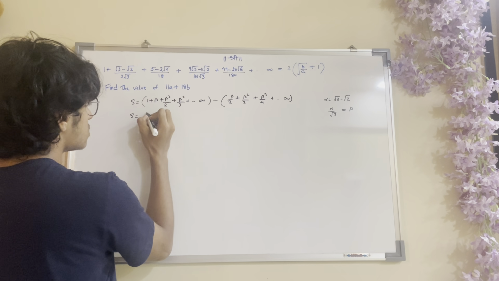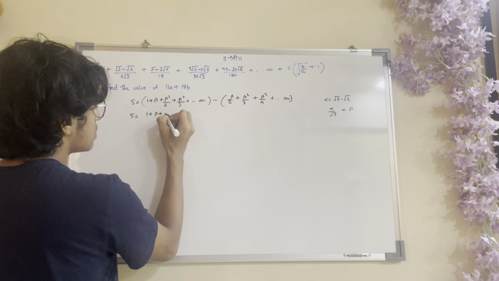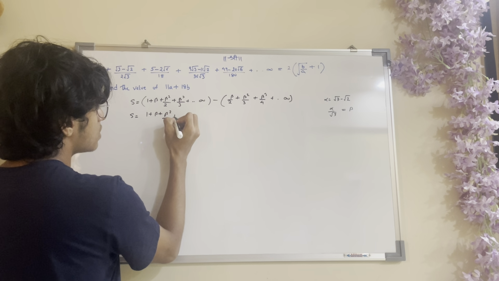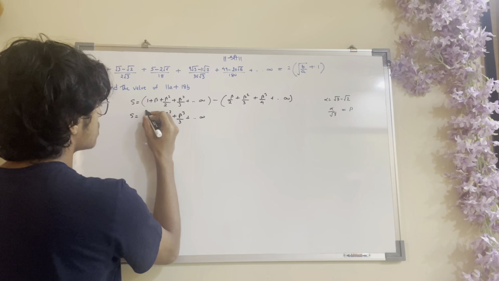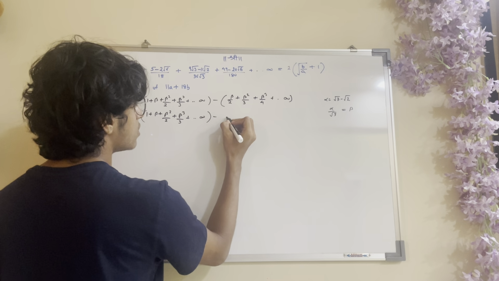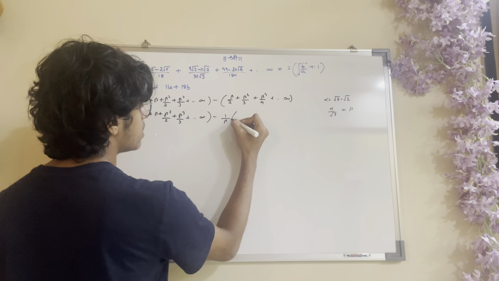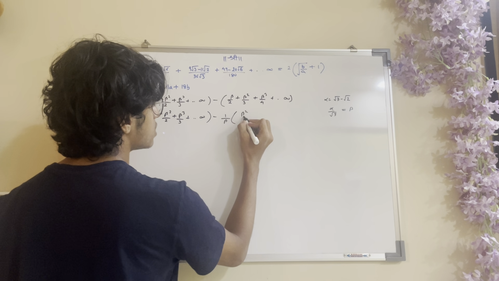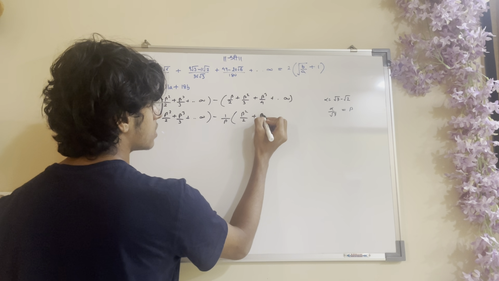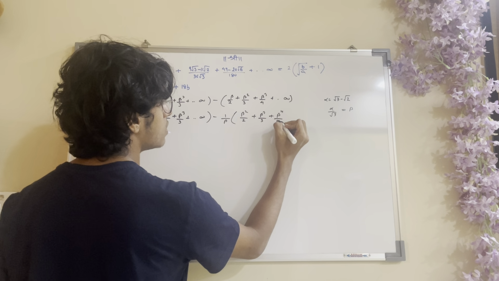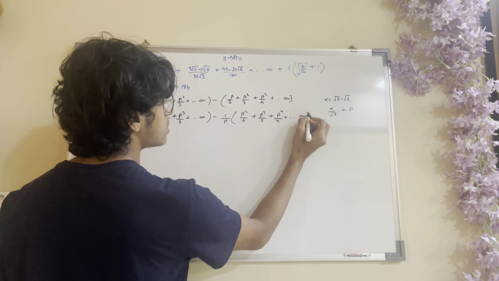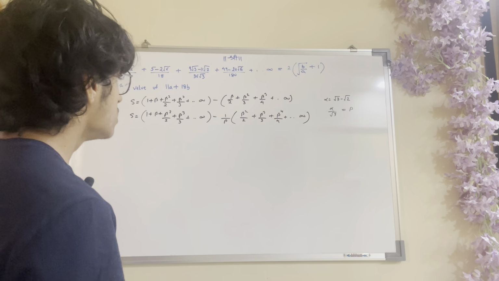So writing this term as it is, multiplying and dividing by beta, we have beta square by 2 plus beta cube by 3 plus beta power 4 by 4, and we have a similar series here too.